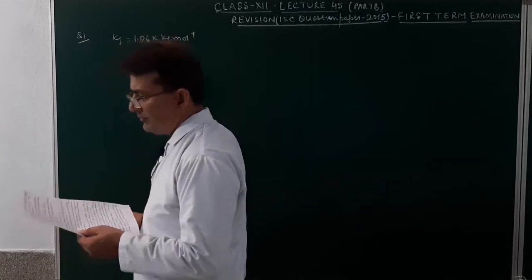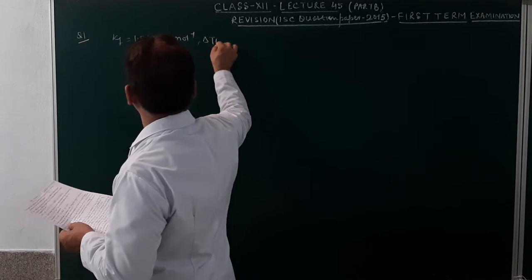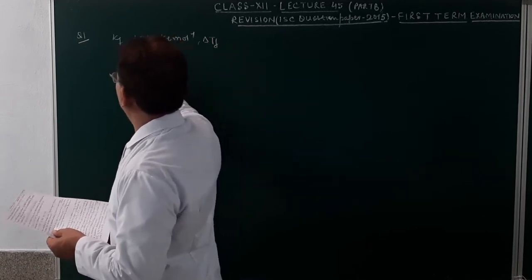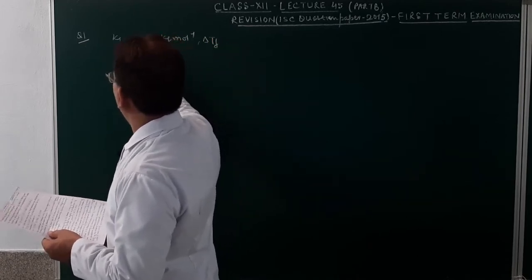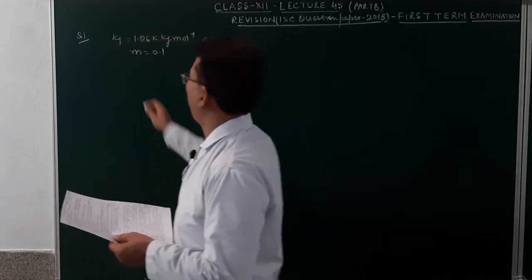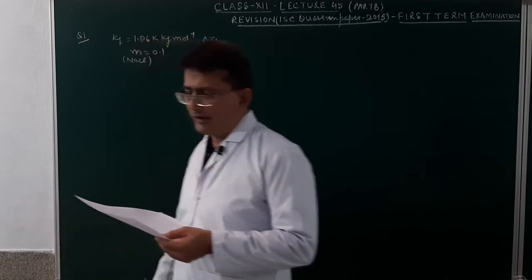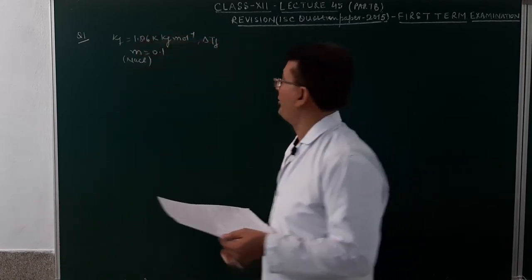We have to find out the freezing point of a 0.1 molar solution, that is, delta Tf. Molality is given as 0.1 molar for NaCl solution. We have to find out the freezing point.